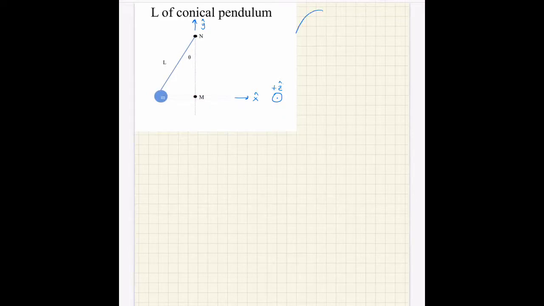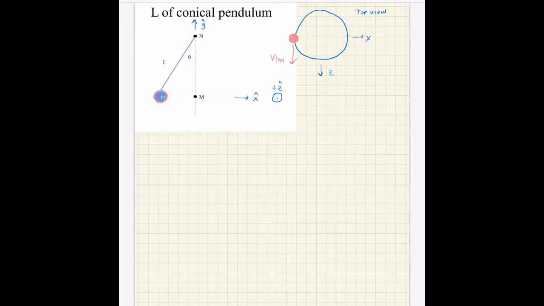So if I looked down from the top, if I was at point N, looking down, this is like a top view, I would be looking at something in the xz plane. And if this is my mass m on this side over here, it's going to be moving with a tangential velocity out of the board. And so it's moving around like this, just in the xz plane.